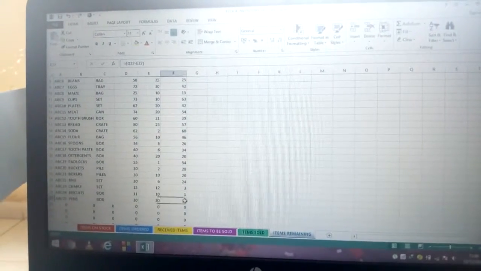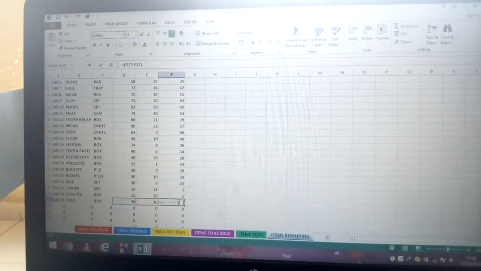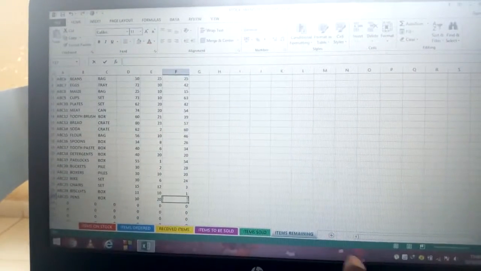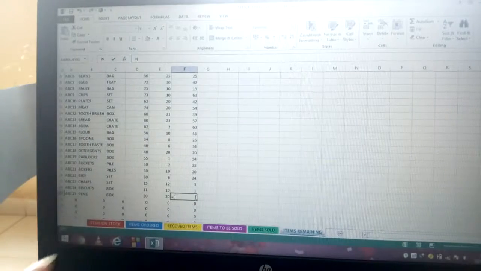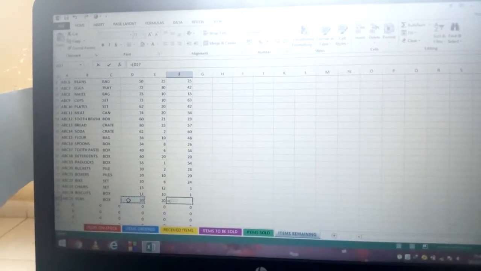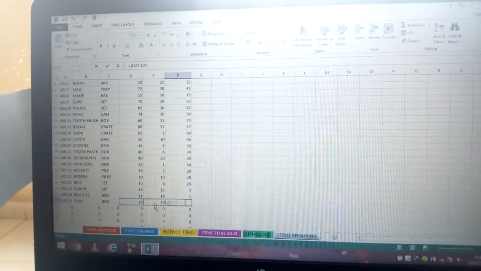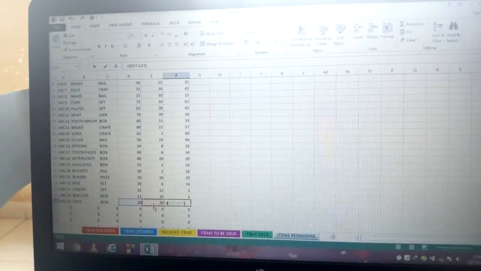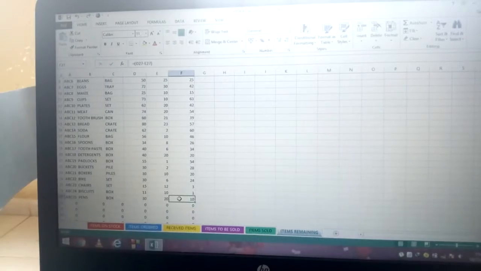So the remaining amount is 10. In order to get this, we use a formula: you subtract the quantity of items you sold from the items you were supposed to sell, and you get the remaining items on stock.